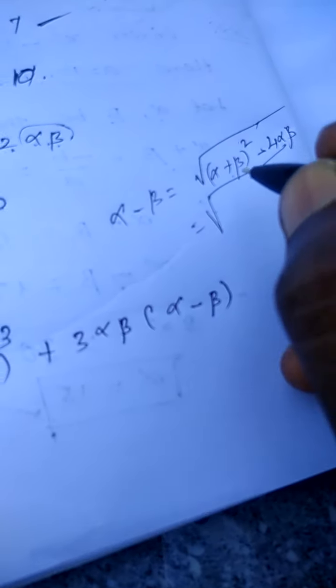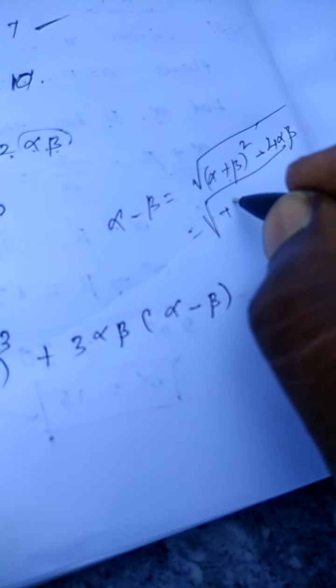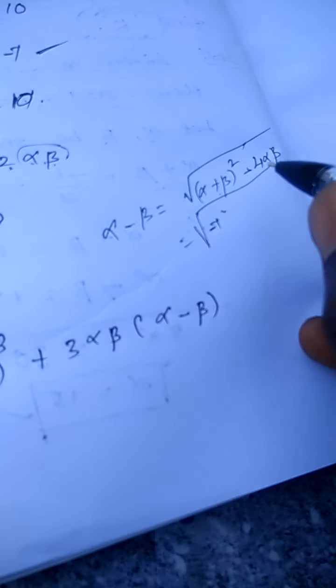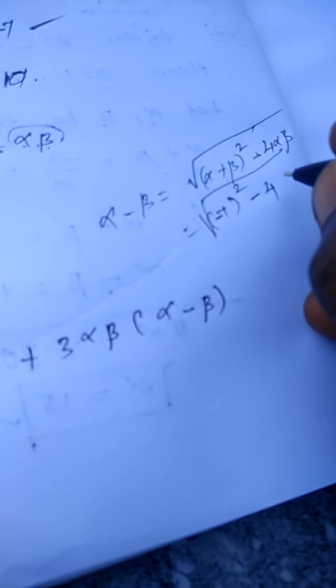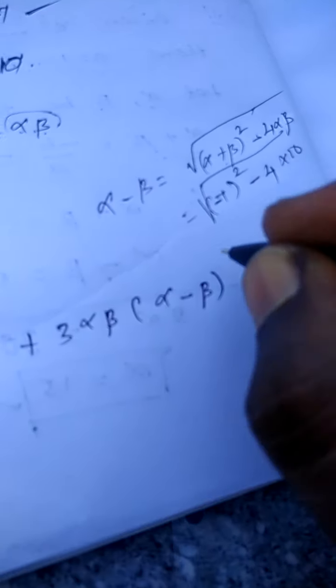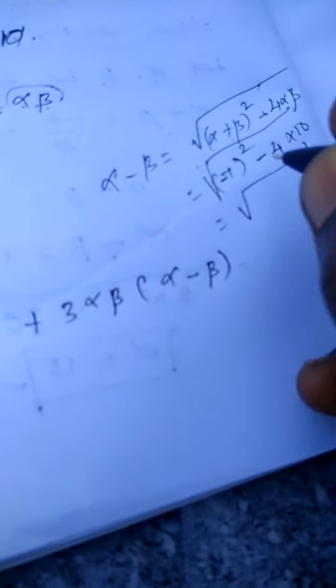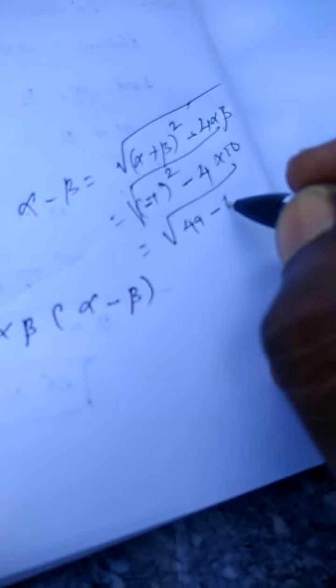So the square root of minus 7 squared minus 4 into alpha beta, 10. So the square root of 49 minus 40 equals the square root of 9, which is 3.